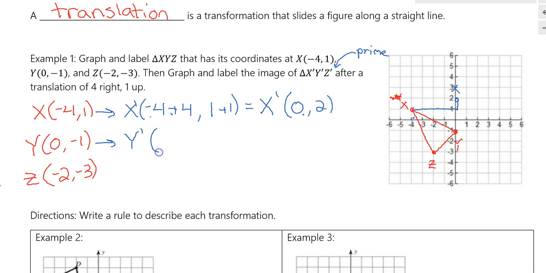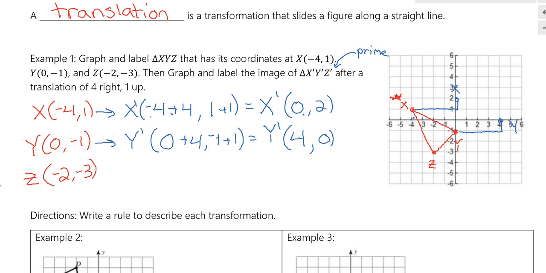So same thing with y prime, 0 plus 4, and then -1 plus 1. So that's going to be 4, -1 plus 1 is 0. Or again, over 4, up 1, there it is. And that is y.